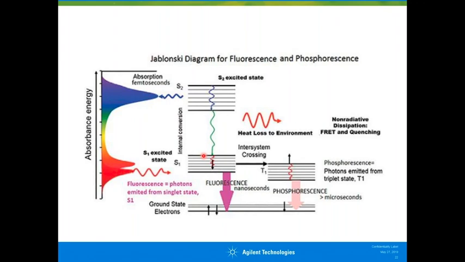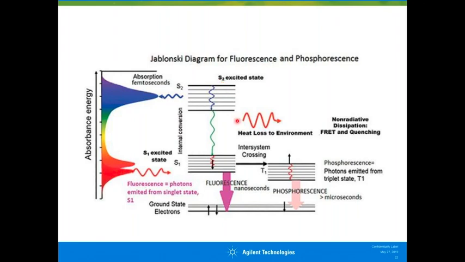If the incident light is at a specific wavelength where the molecule will absorb the photon, the molecule is then excited from the electronic ground state to a higher excited state, which is denoted as S2. The electrons then go through an internal conversion. They are affected by vibrational relaxation and heat loss to the environment.